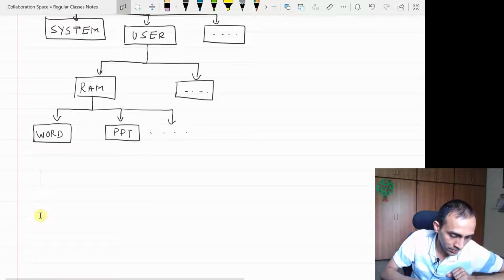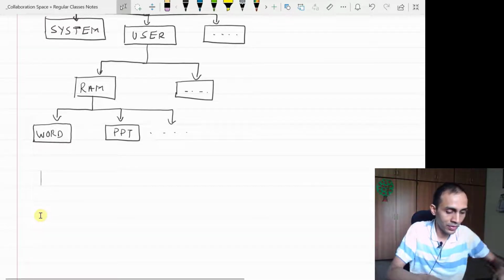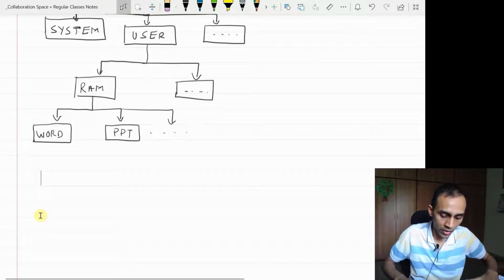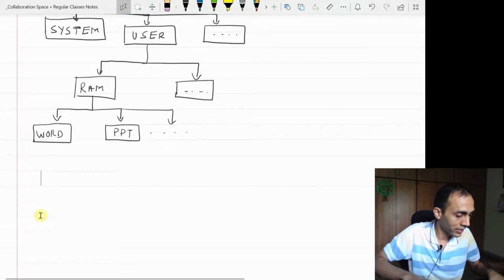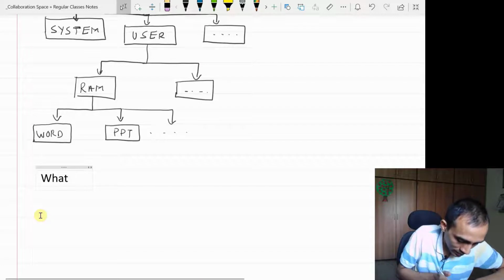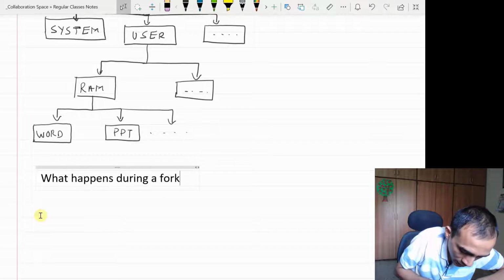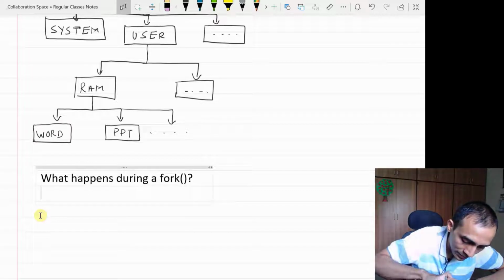So what happens when a fork is created? When a particular process calls fork, a new child process will be created. Let us try to understand what happens during a fork. It's a little interesting.